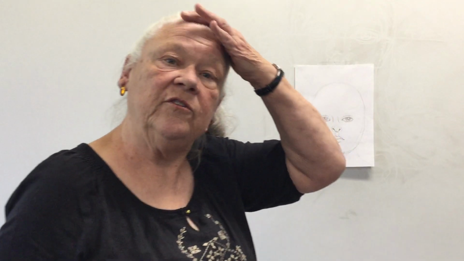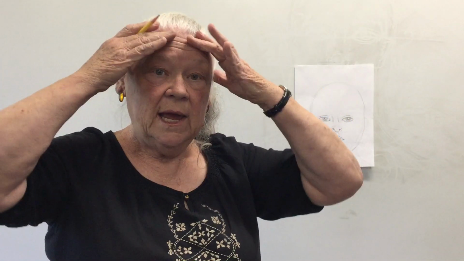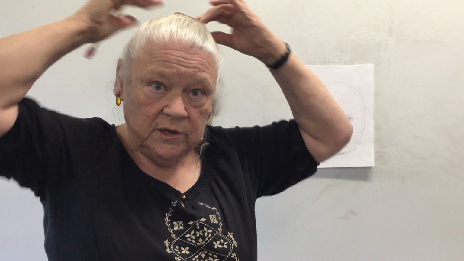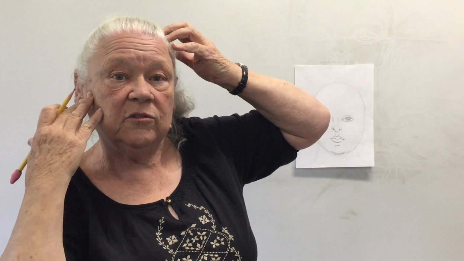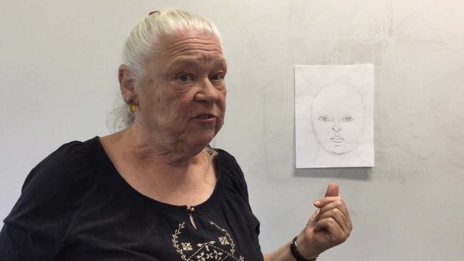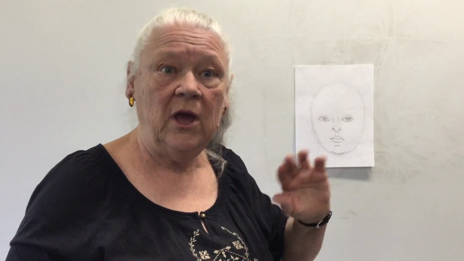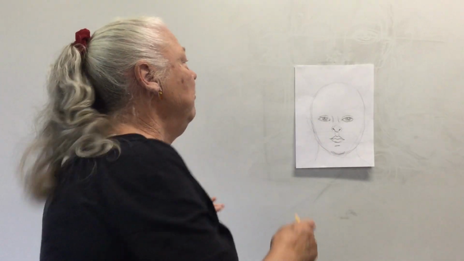Then where does your hair start? Now I have a ponytail, so my hair goes from here back to the ponytail. You might have hair that is parted on one side and comes over this way. You might have bangs that you'd have to ask questions about. Do they cover up my eyebrows or not? Do they kind of come into my eyes? Do I have to push them behind my ears? How does your hair grow?